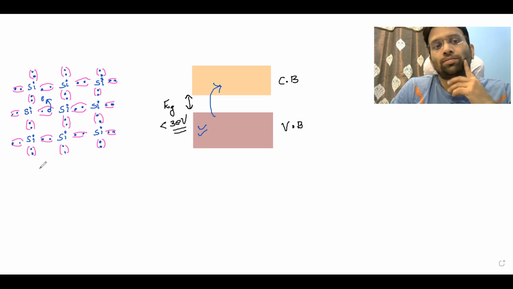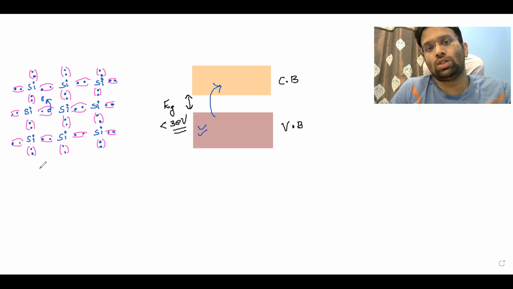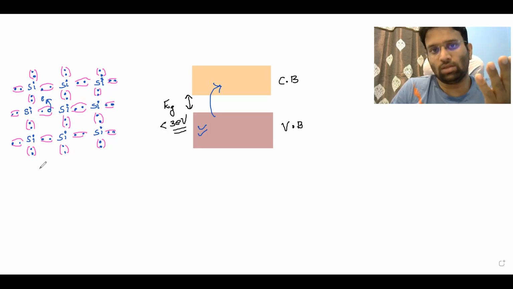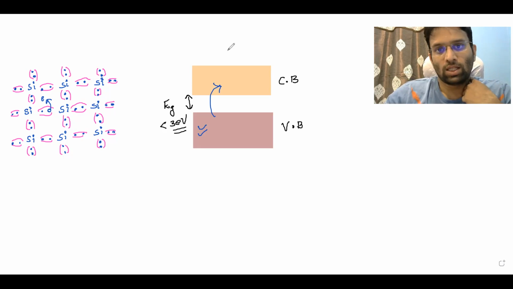So the process of electrons jumping from valence band to conduction band generates a hole in the valence band and an electron in the conduction band.